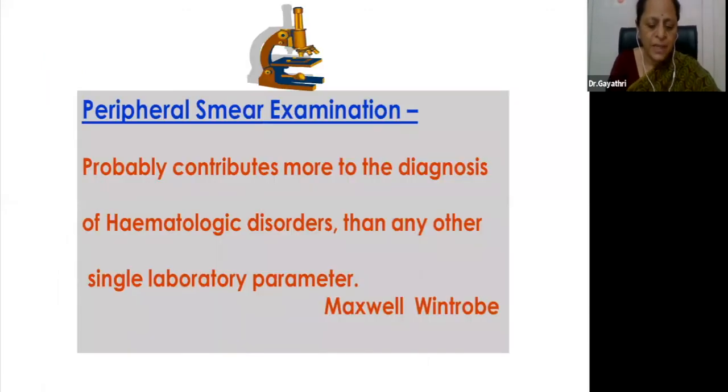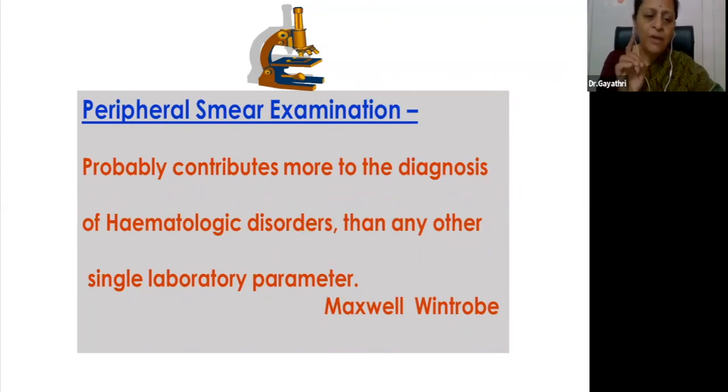Ultimately, I will conclude with this one slide, a saying from one of my favorite quotes from Wintrobe's textbook of hematology. None other than Maxwell Wintrobe has said that the peripheral smear examination probably contributes more to the diagnosis of hematologic disorders than any other single laboratory parameter.